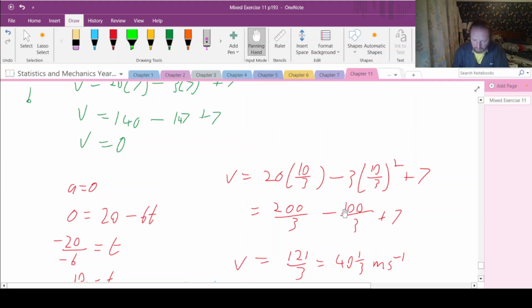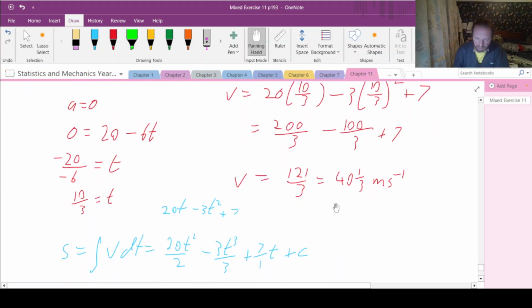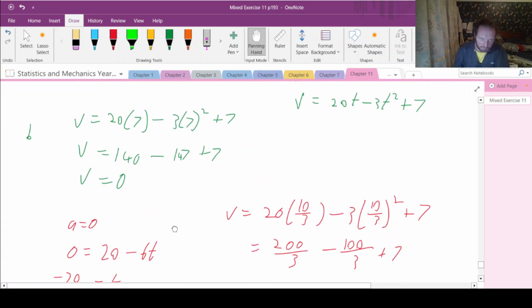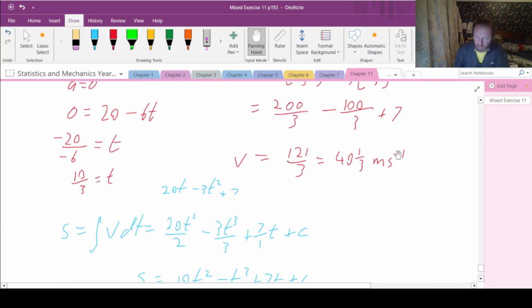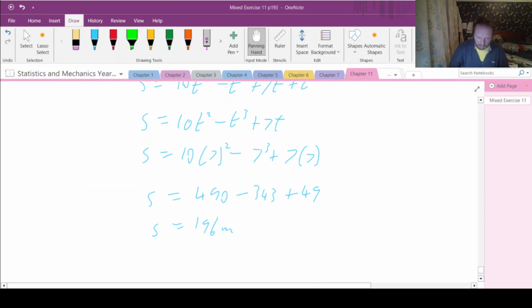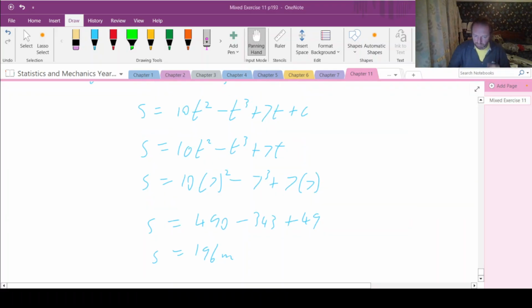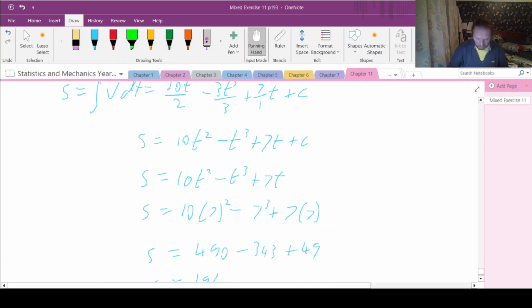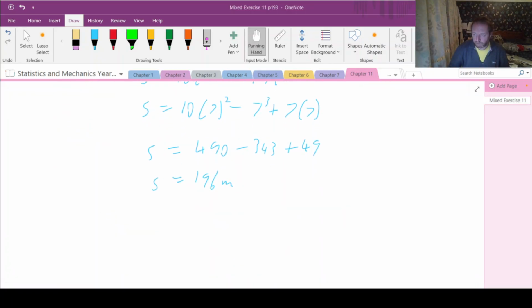It just got down to a velocity of 0 at a certain point, so I think all good. Checking the answers, that's all good, 196 meters. You've just got to watch out for when you end up with negative velocities included in it. But I think we're all good. Right, next one.